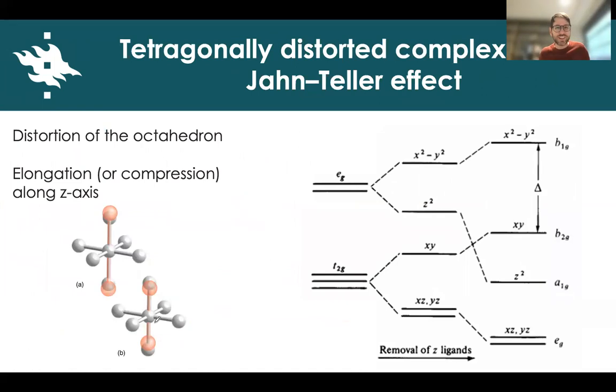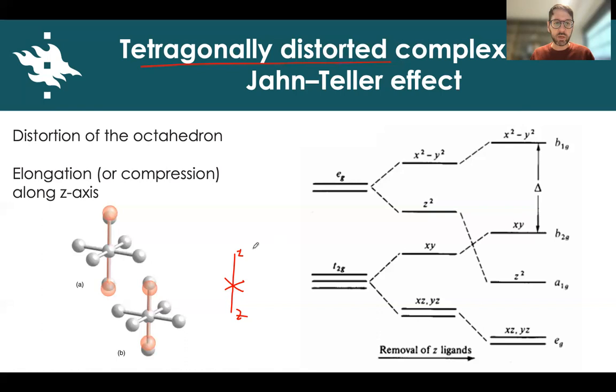Another important configuration is this intermediate case in which we have the octahedral complex and then we distort along the z-axis, leading to this stretching along the z-axis. This is an important configuration, and this is the tetragonal distortion or the tetragonally distorted complex.